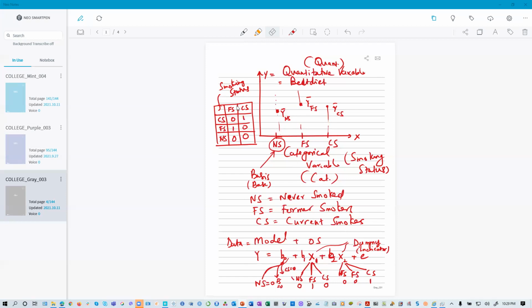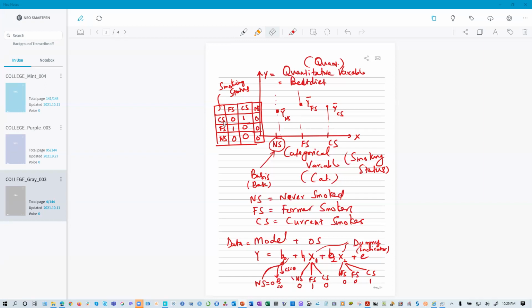If you want, you can put it this way, 0, 1, 0, 1, 0, 0, whereas the non-smokers are 0, 0, 0. If you want to use the three options, not the three variables, NS is 0, 0, 0. You can read it this way, doesn't matter, or this way.